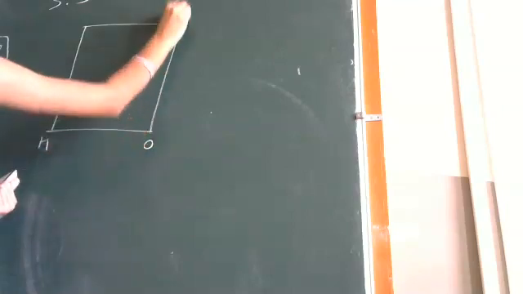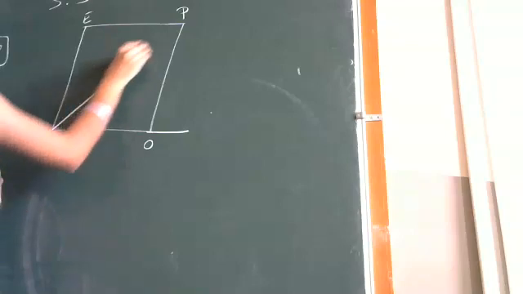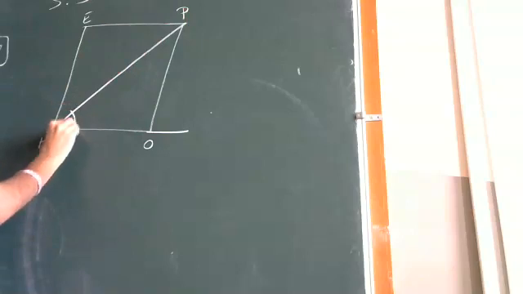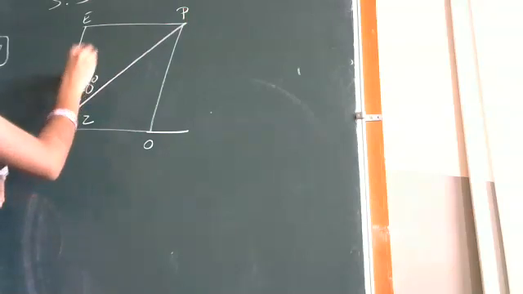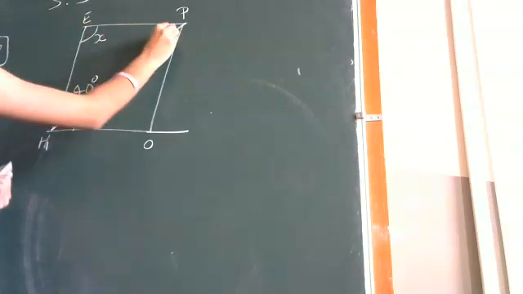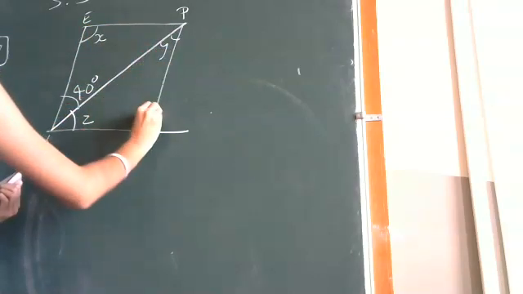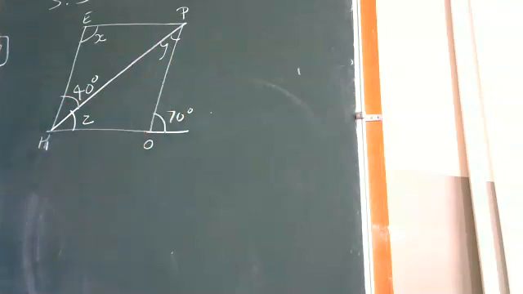This is the given figure H, O, P and E. In this there is a diagonal from H to P. This angle is termed as X and this is 40 degree, and this angle will be Y and this exterior angle measures 70 degrees. So this is the given figure for us.